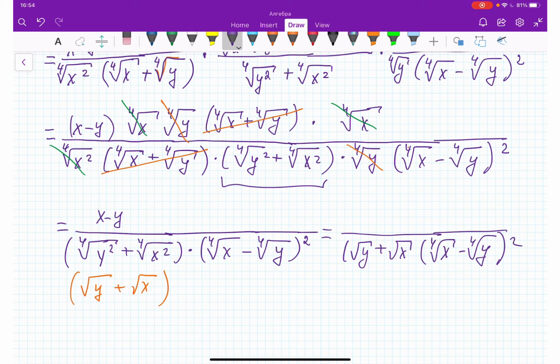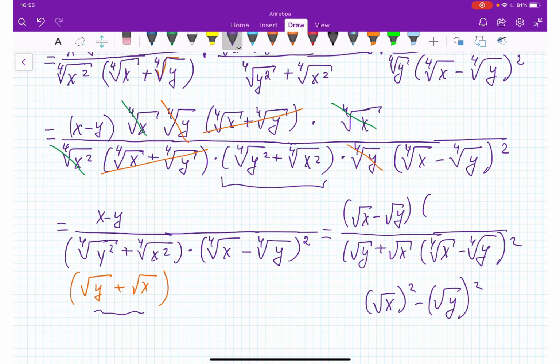And here x minus y, I'm going to represent as square root of x squared minus square root of y squared. Yes? Can I do that? And this is the formula a squared minus b squared. And I will get square root of x minus square root of y. You see why I changed the degree here?